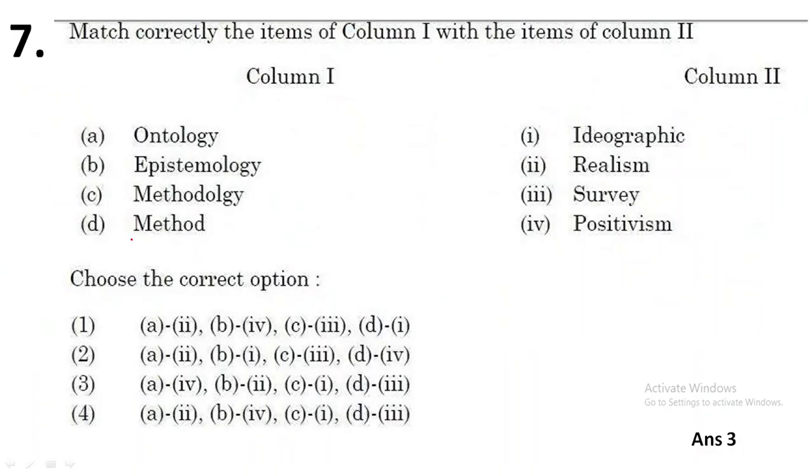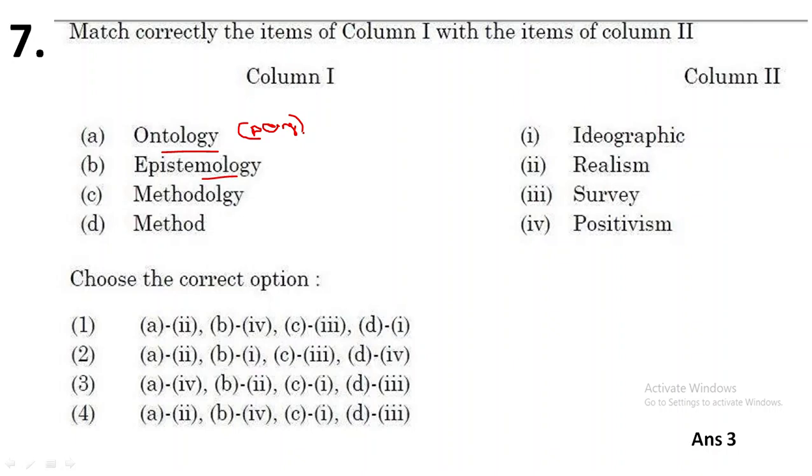Moving on to the seventh question, match correctly the items of column 1 with the items of column 2. Ontology and epistemology. Ontology is basically when you study being, whatever is there in nature.